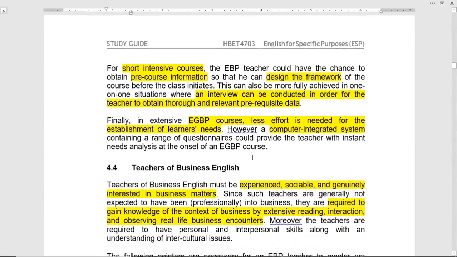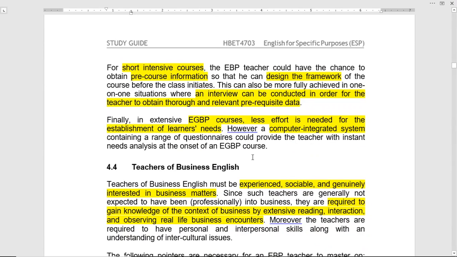For short intensive courses, the English for business purposes teacher could have the chance to obtain pre-course information in order to design the framework for the course.